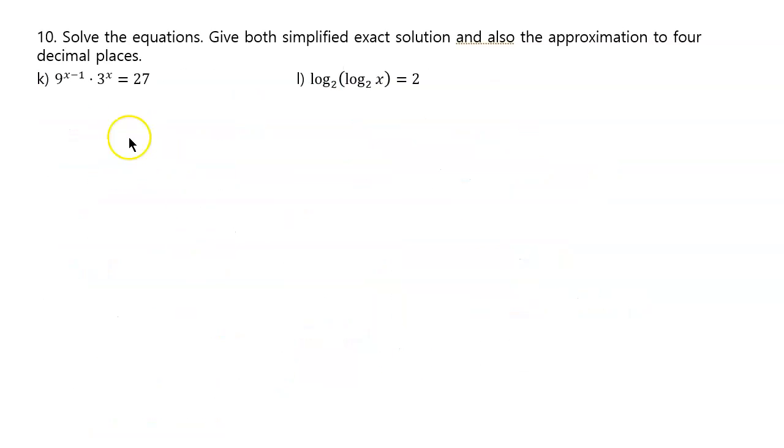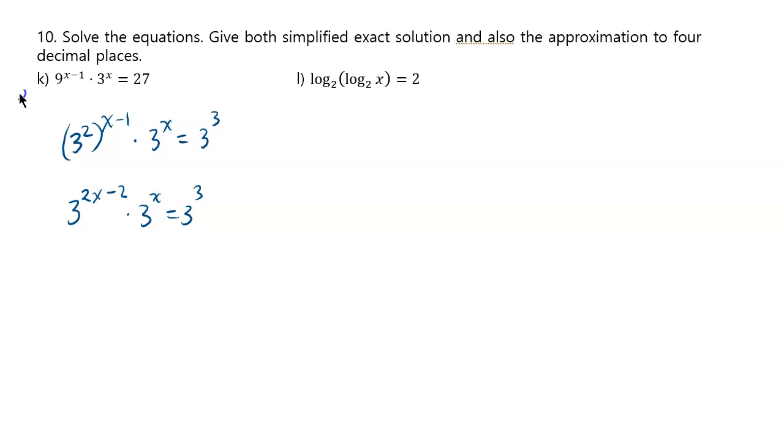Okay, 2 more questions to go in number 10. So you have 9 is 3 squared, x minus 1, times 3 to the x equals 27, which is 3 cubed, right? So we write this, and if you have 2 exponents like that, they multiply. So you have 3 to the twice of x, and twice of negative 1 is negative 2, times 3 to the x equals 3 to the 3rd power.